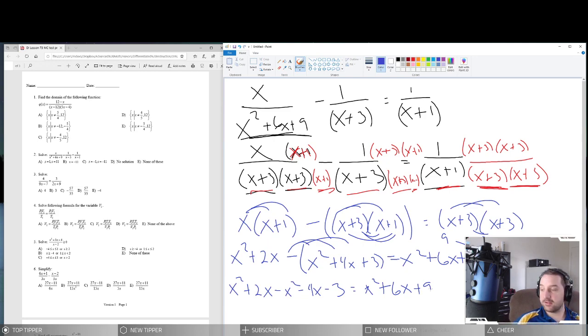I see x squareds. I'm going to combine like terms on this side, so it's probably going to be quadratic. So that cancels out. 2x minus 4x is negative 2x. And then I still have the minus 3. And that's going to equal x squared plus 6x plus 9.